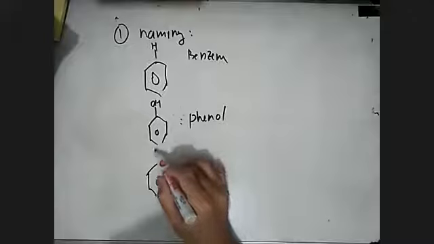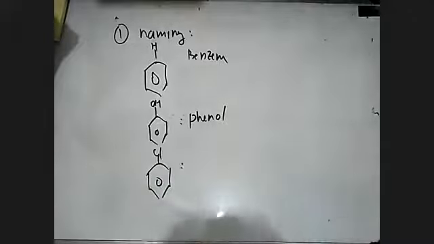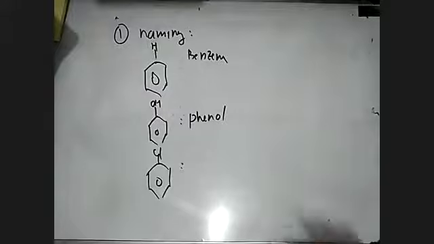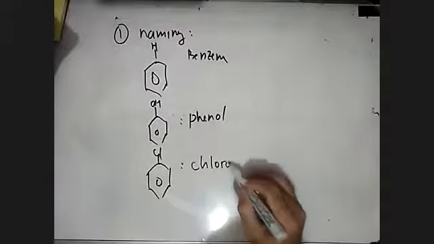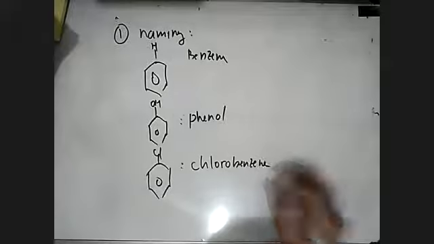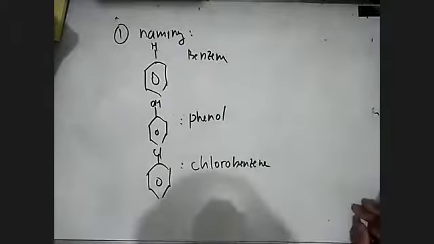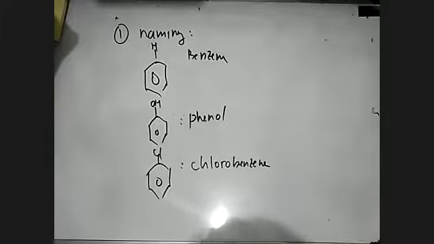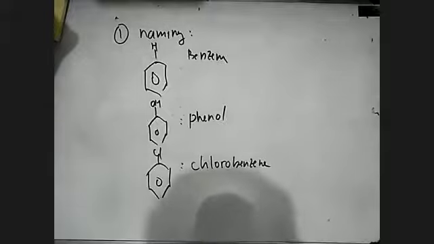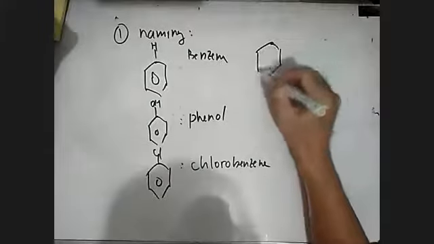If this is chloride, we call it chlorobenzene. There are some of them here that you already have, and I'm not going to put all of them, but I do put them here, those in page 383 must be remembered. So I'm going to put them here.